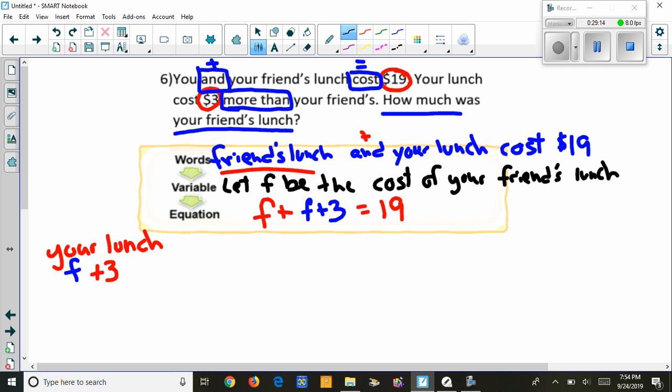So here we actually have the variable pop up twice. So this is a slightly different step, but let's talk about what's going to happen. F plus 3 equals 19. When solving equations, sometimes we need to do a step that is called combine like terms.